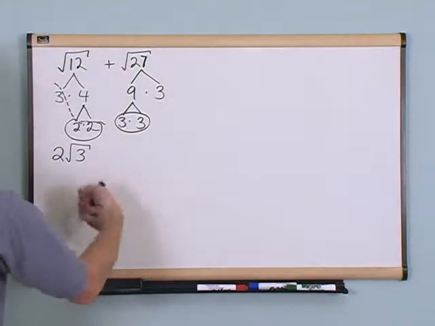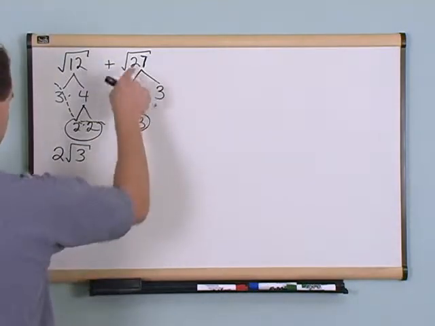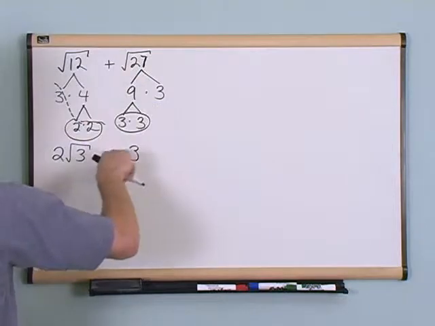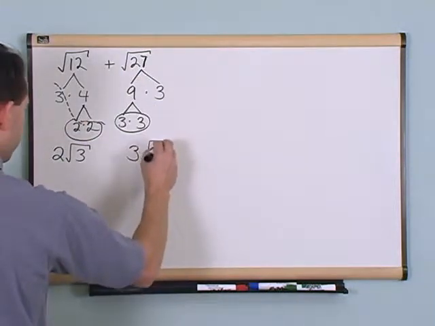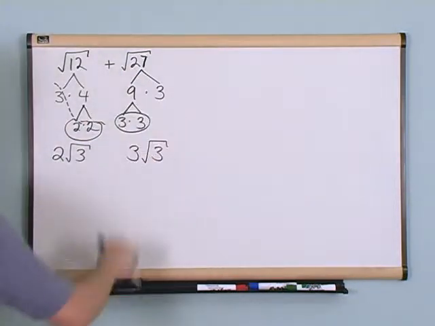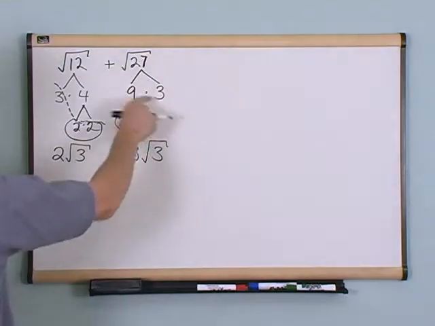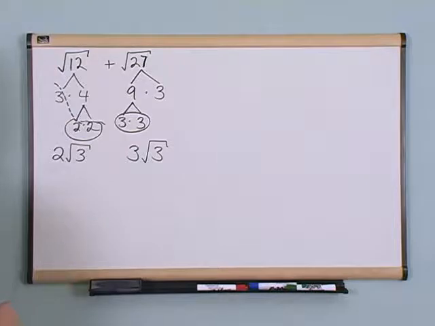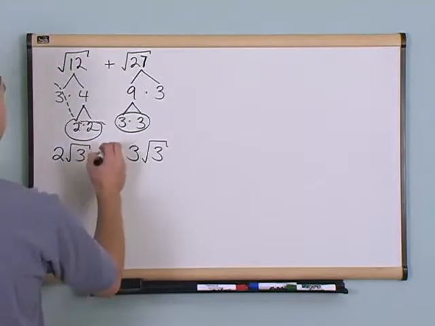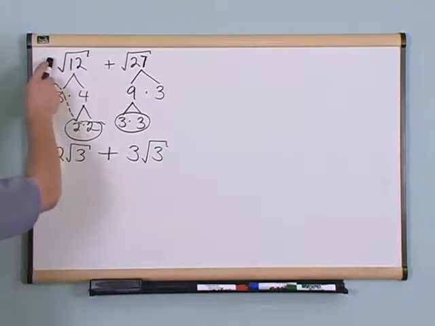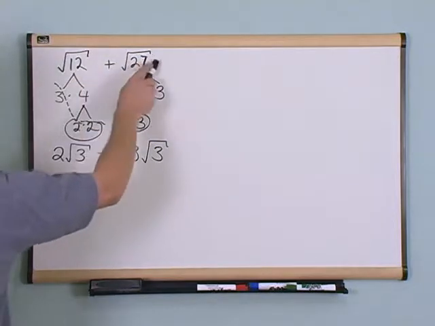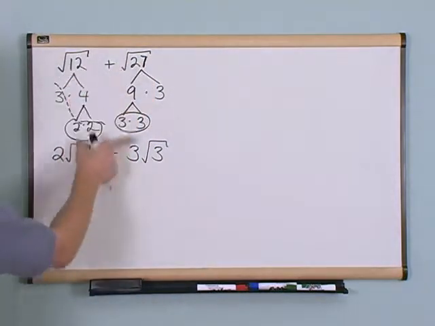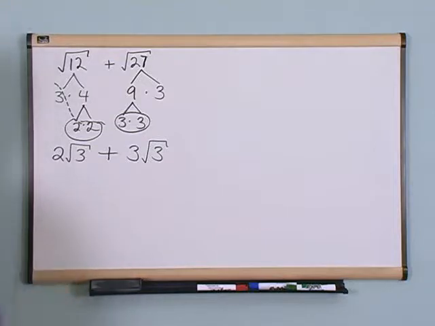So we're going to pull the 3 out, and we're going to say that the square root of 27 is equal to 3 times the square root of 3, because we have a lonely 3 left over. There's nobody to pair up with that 3, so it has to stay underneath the radical. So we have reduced the problem from something that looks unfriendly and different to something that, believe it or not, looks a little bit better.